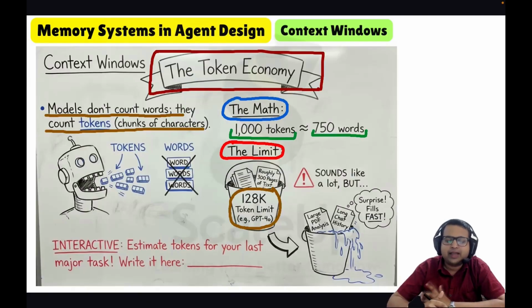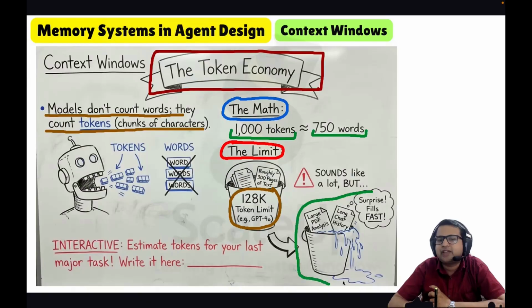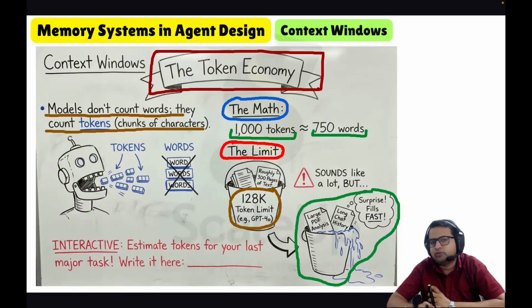While that sounds like a lot, a single complex task involving large PDF analysis and long chat history can fill that space surprisingly fast. 128K tokens might look like a very large context window, but in reality, it is very small. Any complex analysis or long chat interaction will start overflowing the context window.